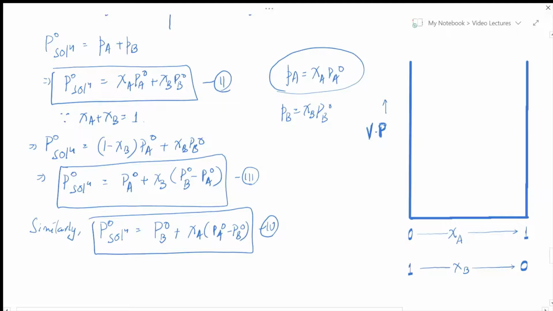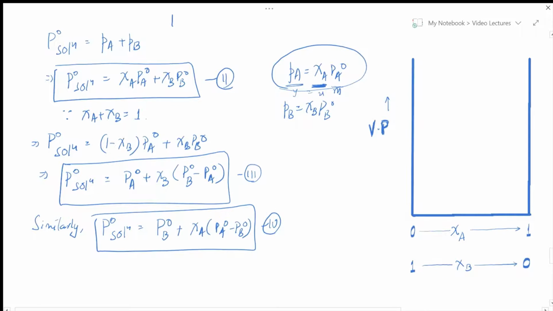When I want to plot PA, which is xi A into PA naught, I'm basically plotting PA on the y-axis and xi A on the x-axis. So I get an equation of y equals m x. The slope is PA naught, and we get a straight line which passes through the origin. The value when xi A is equal to 1 will be PA naught.